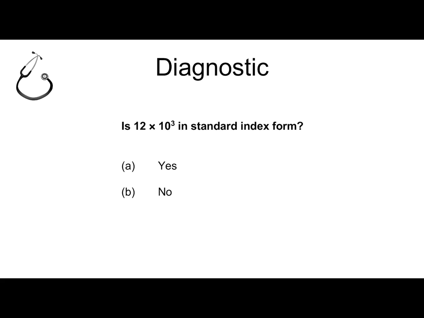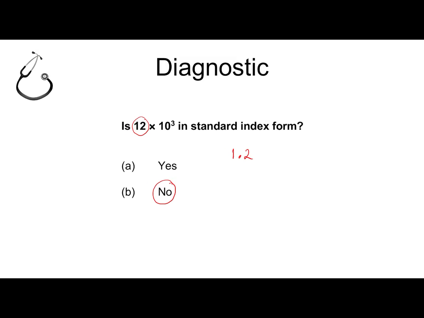Okay, now just a quick check. 12 times 10 to the power of 3. Is this standard form? Yes or no? Hopefully you're screaming at the video saying, no, this is not standard form. Why? Because this number is not between 1 and 10.